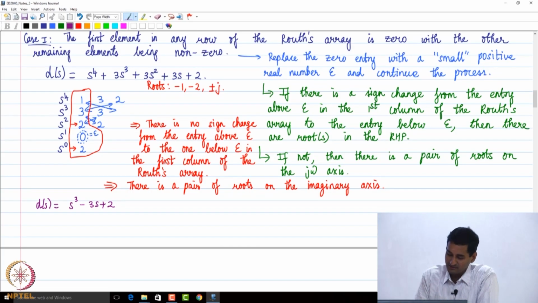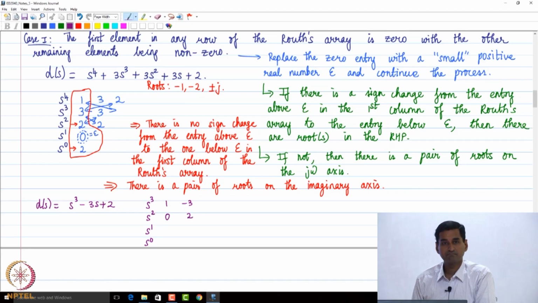So let's carry out the construction of the Routh's array. s cube, s squared, s power 1, s power 0. I am going to get the entries as 1, 0, minus 3 and 2, because the s squared coefficient is 0. So that is what we have.